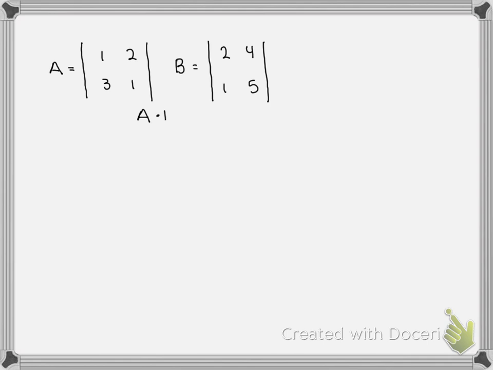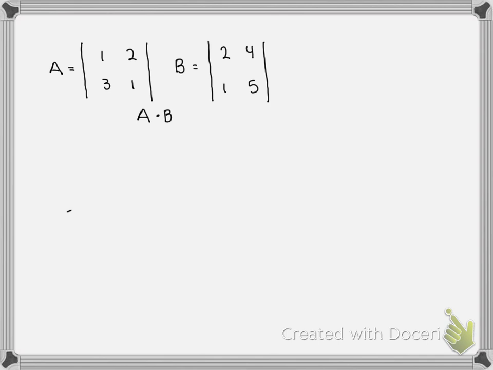So let's actually put this in action. We have matrix A over here. Let's keep the numbers very small: 1, 2, 3, and 1. And then matrix B: 2, 4, 1, and 5. We need to see, is it possible to multiply A times B? If so, we need to perform the multiplication.